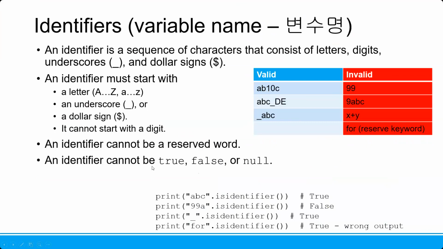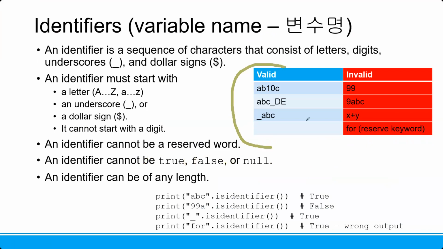The identifier cannot be true, false, null. True and false are for Boolean. Null means a kind of data, meaning nothing. So you also cannot make an identifier with this one. An identifier can be of any length. So you can make it very long, you can make it very short.